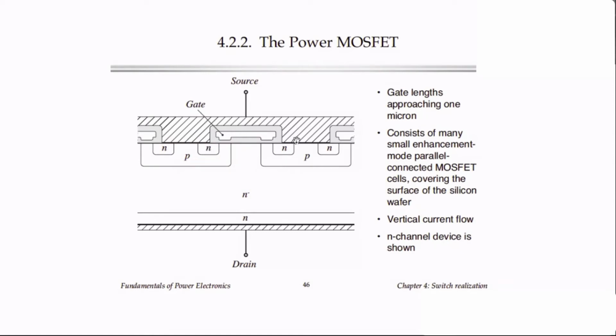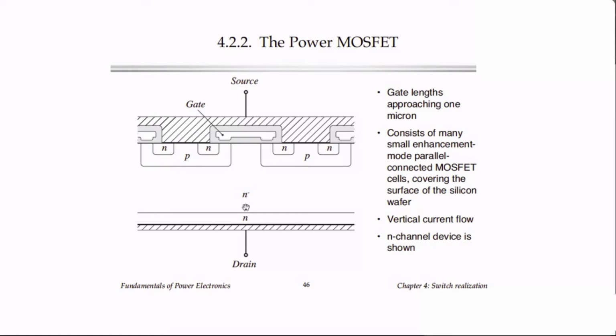This particular structure shown here is called the DMOS structure, in which the gate and the source are built laterally on the top surface of the MOSFET. We also have other variants, grooved structures such as VMOS or UMOS, sometimes known by trade names such as trench MOS, where grooves are cut into the top side of the silicon, and the gate is built vertically along the side of the groove.